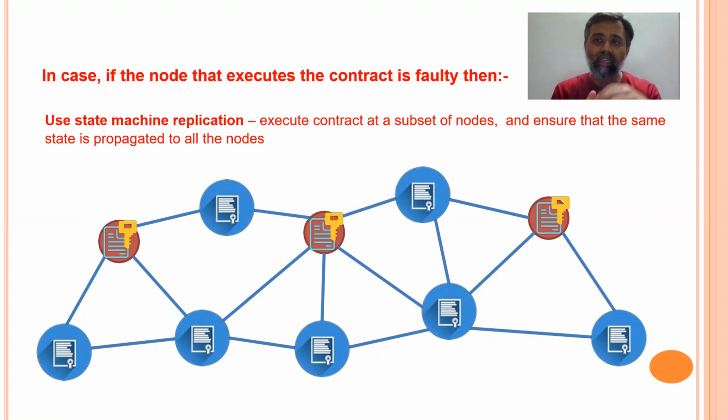So that is the state machine we are using here. So instead of executing the code at a single node, we should execute it at a certain subset of nodes.